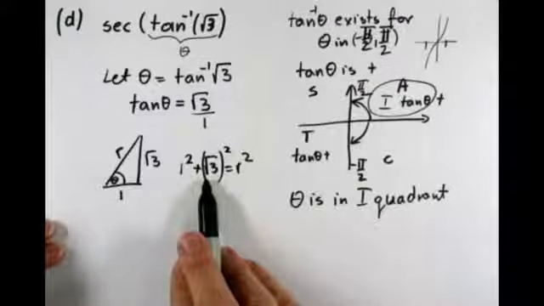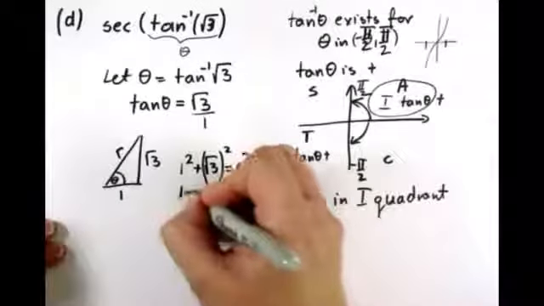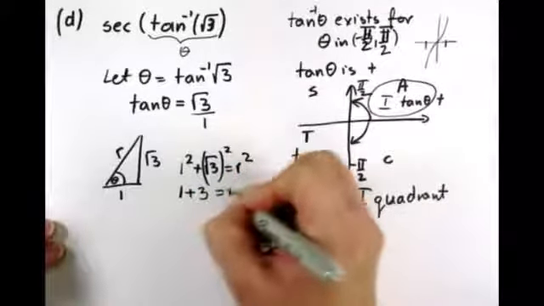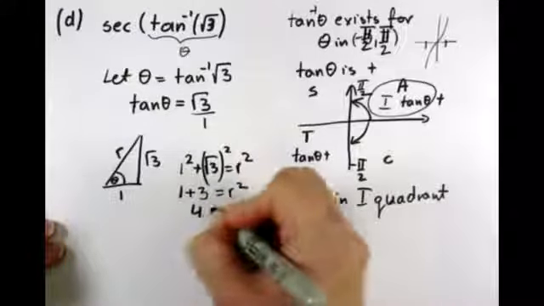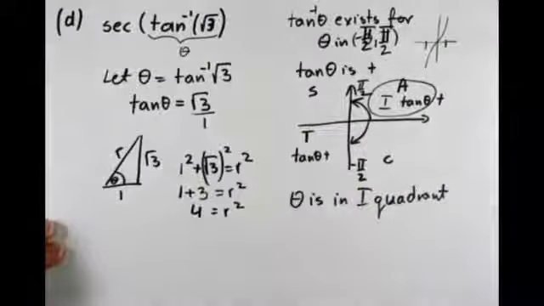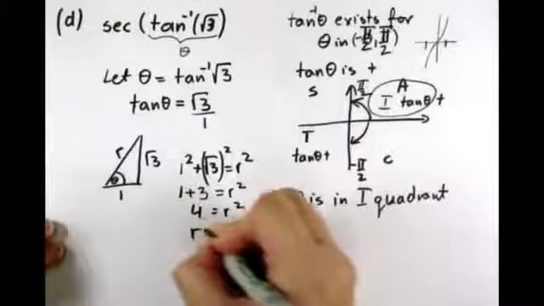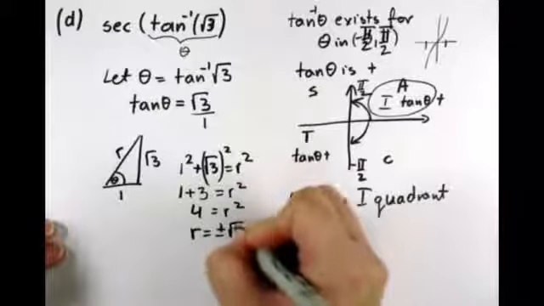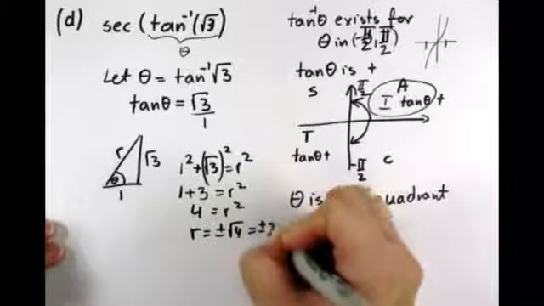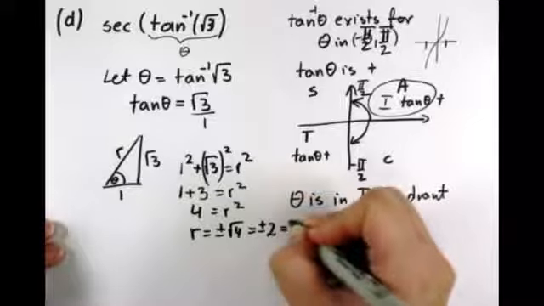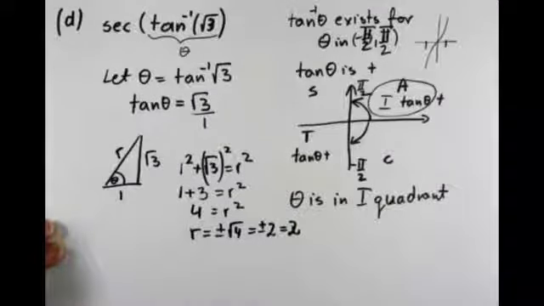The square root of 3 squared cancels out, so I have 1 plus 3 gives me r squared. So 4 is equal to r squared. Take the square root. So r is equal to plus or minus square root of 4, which is plus or minus 2. But the radius is always positive, so the value is 2.